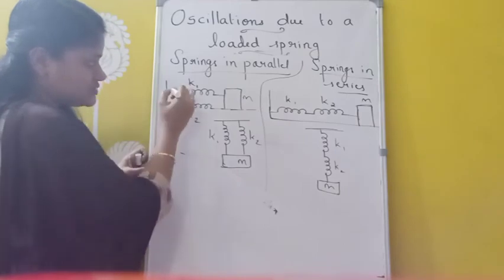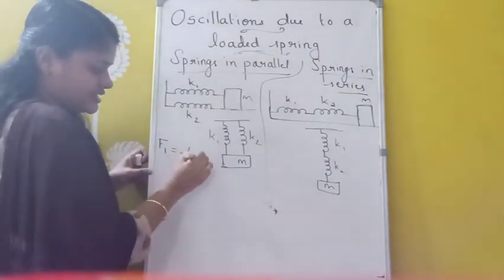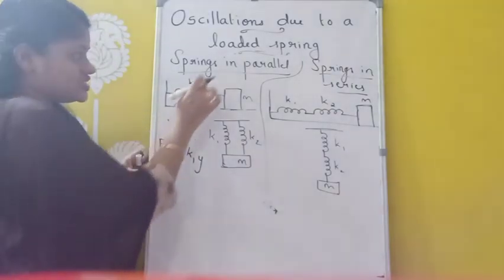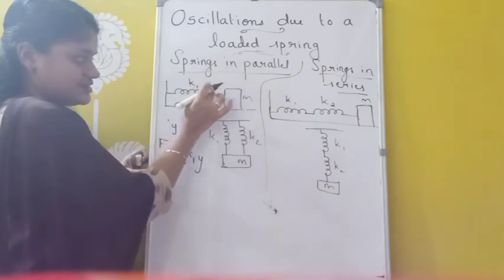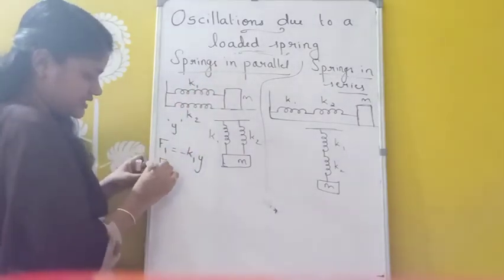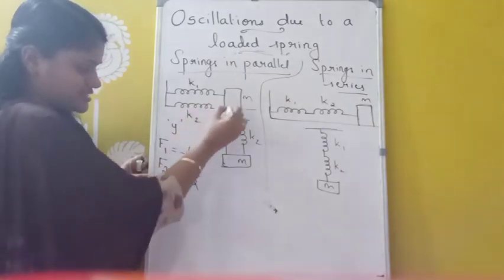F1 equals minus K1 into Y, where Y is the common extension for both the springs. In the case of parallel combination, always the extension will be same for both the springs. Similarly, for the second spring, F2 equals minus K2 into Y.